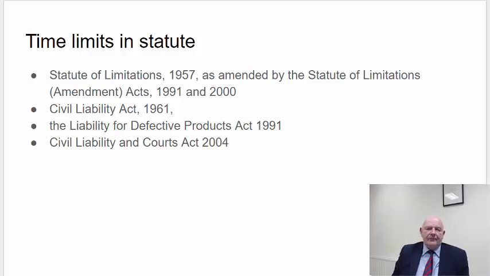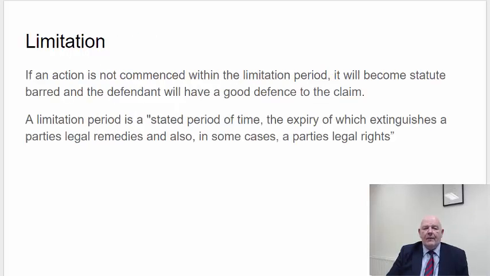But the essence of what I'm saying in relation to statute of limitations is that you must bring your claim within the period specified, or you'll be statute barred, and the person against whom you're bringing the claim will have a good defence, that is, that you are out of time.